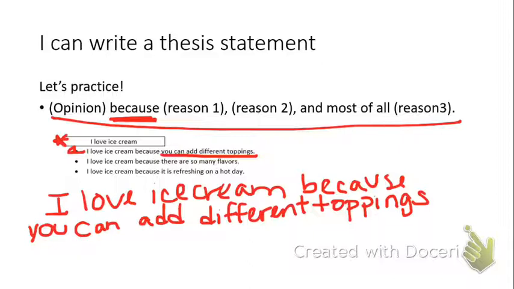So now I've written in my reason 1, and it has a comma, so I'm going to copy that. And I'll write a comma. Now I'm going to give reason 2, which again, I'm just going to focus on this little section right here in my reason 2. There are so many flavors.